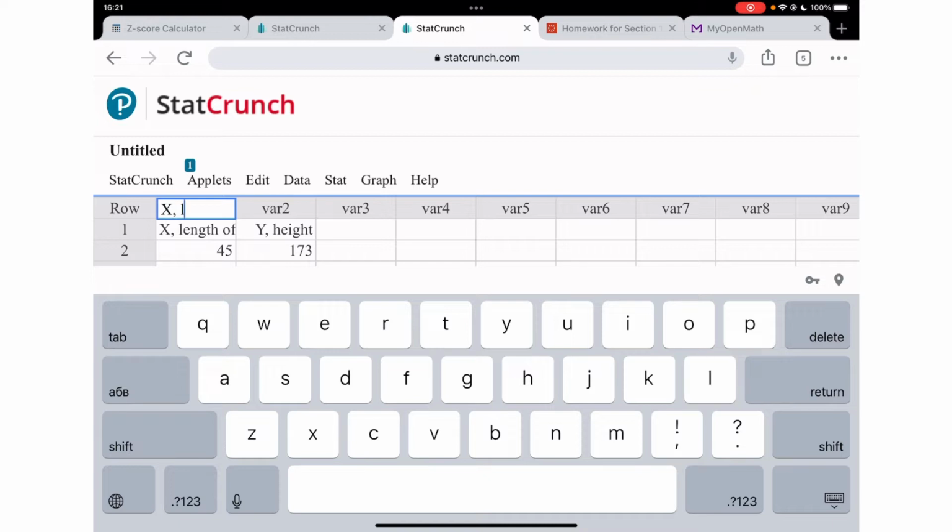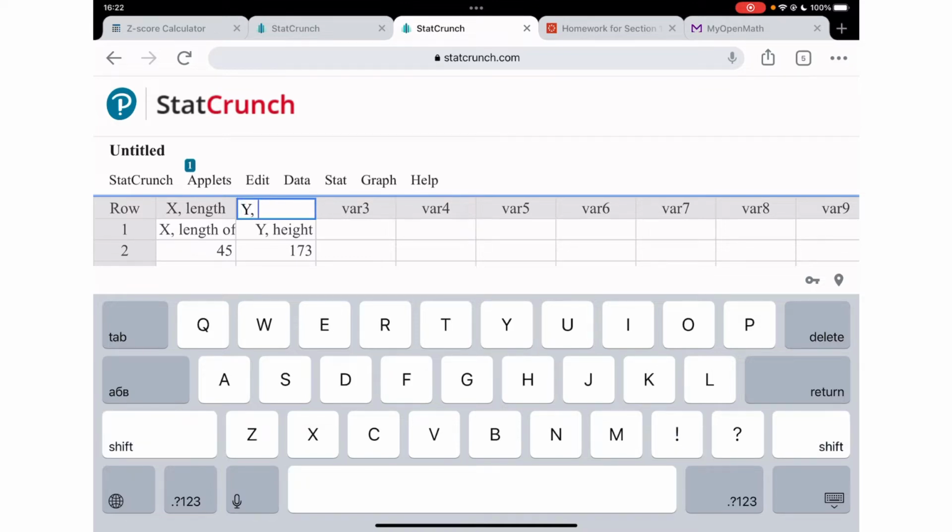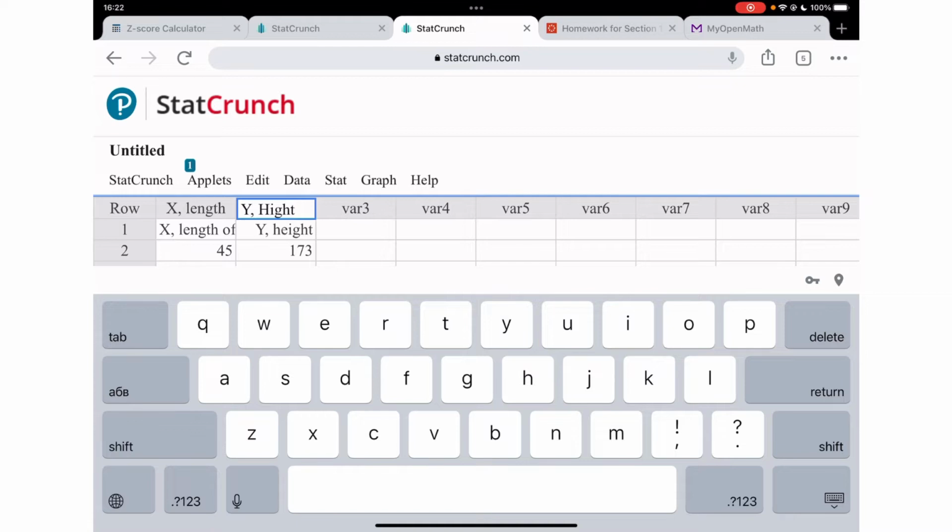I just put length, not everything. And this is going to be our y, height.